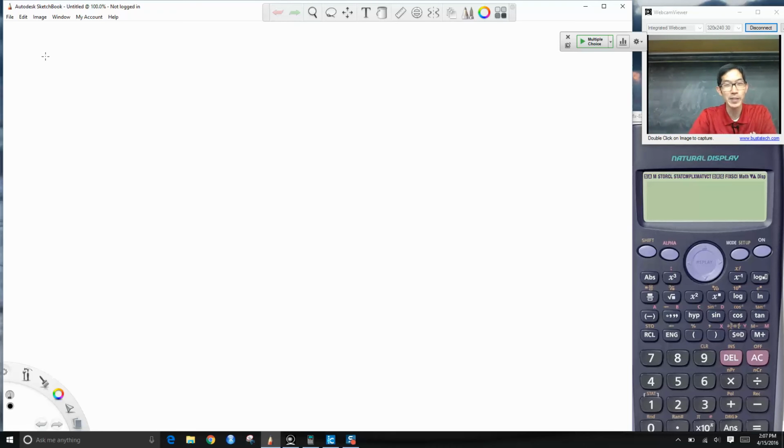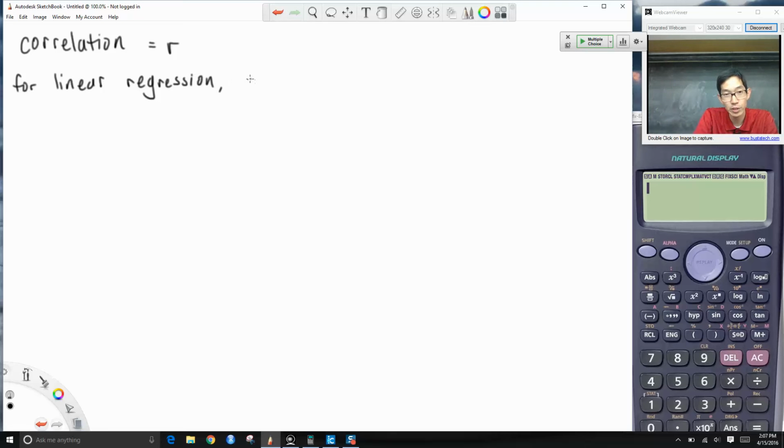Okay, so let's wrap up chapter 4, and we're going to start with the discussion of R. So we have correlation. Correlation is equal to R, and for linear regression, if we square R, we get R squared, which takes on a special meaning, big R squared.